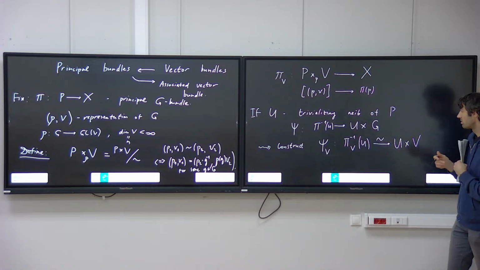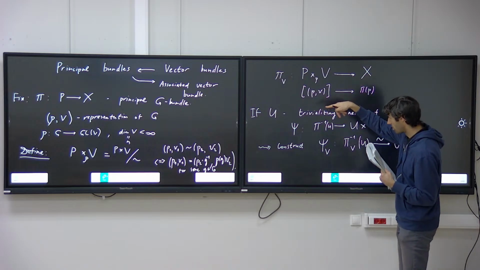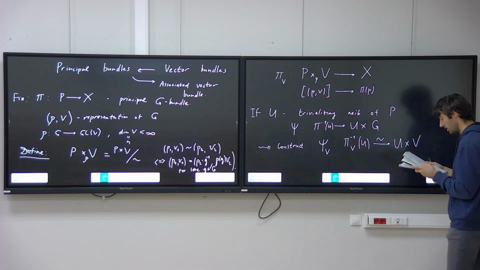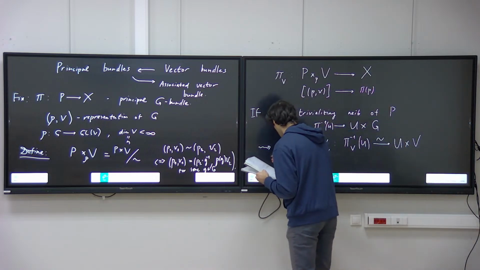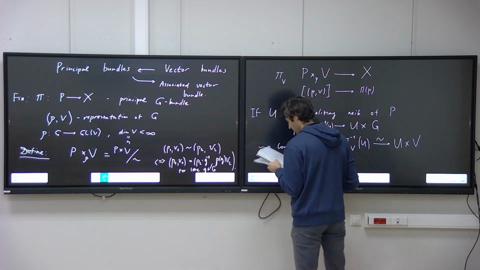All right, and the trivializing neighborhoods will be the same as for P itself. So I just define it like this. I take psi v.